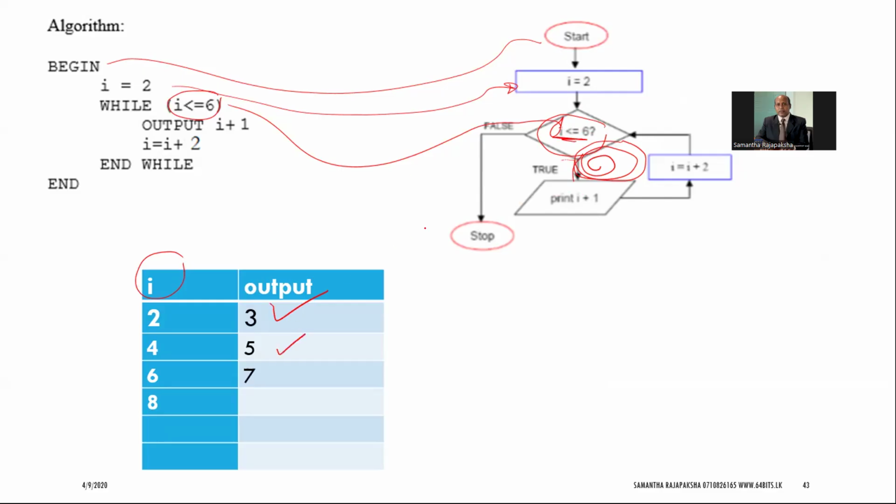So then you print I plus 1, that is 4 plus 1 is 5. Then increment I by 2, then I becomes 6. You can see 6, less than or equal, the condition is true. Execute it, and then it gets the next value 7. Like this, you can generate the output once the flowchart is given. Don't try to memorize. Do it with understanding. That will be easier.